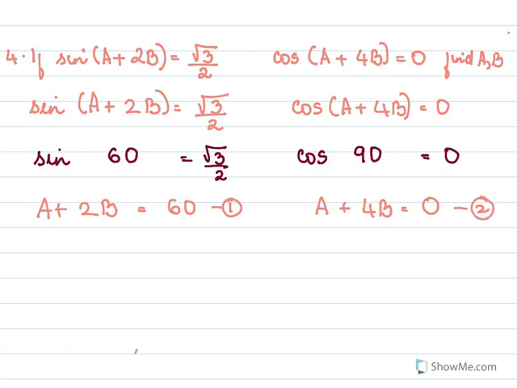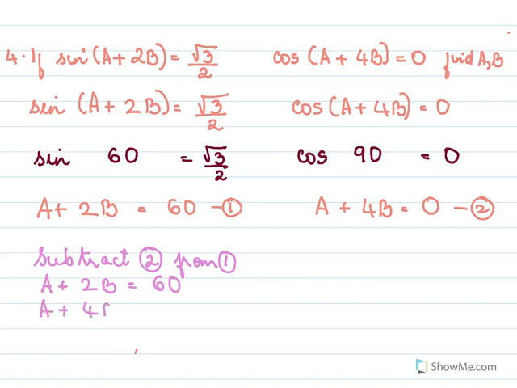This is equation 2. So here we need to subtract the equations. We'll subtract 2 from 1. So we write the first equation, a plus 2b equal to 60.